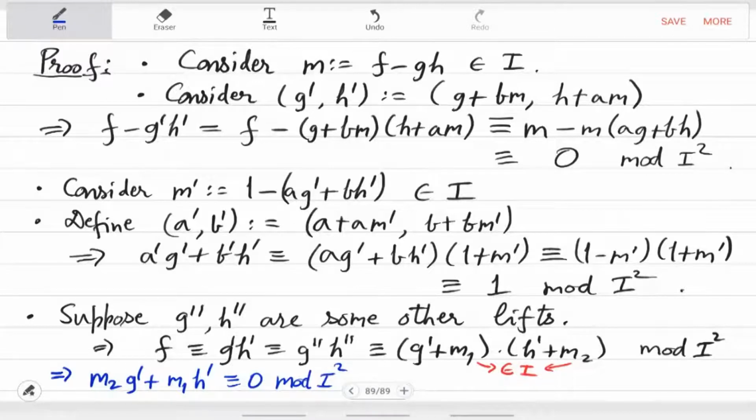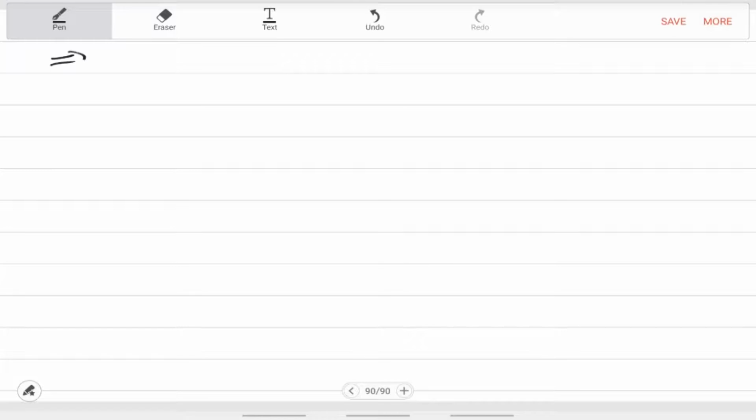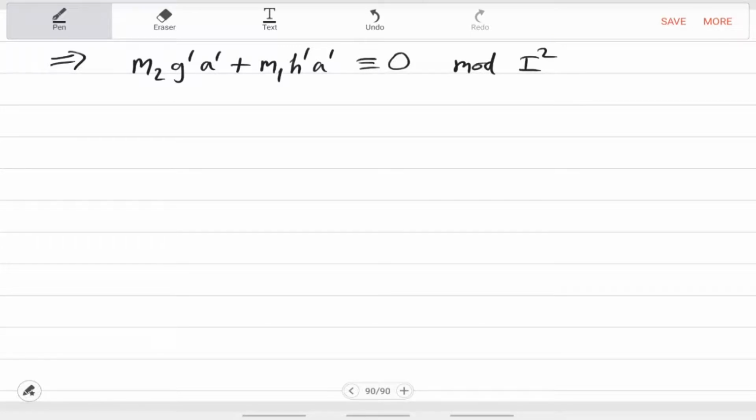And then kind of a cancellation effect will happen. So what you will get is, we had m2 g prime a prime plus m1 h prime a prime is 0 mod I square. And what is a prime g prime?